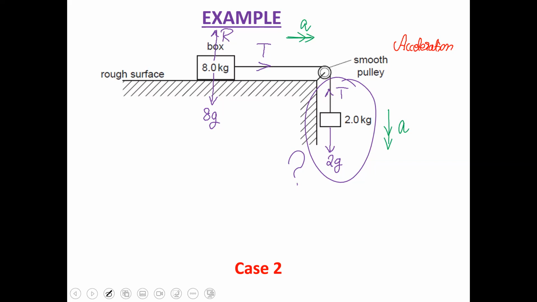Is it MA is equal to 2G minus T? Other people also please help me. Greater force minus smaller force. So this is the mass. I will write 2A: MA is equal to greater force, which is 2G, minus T.